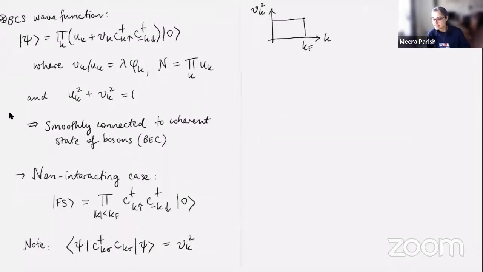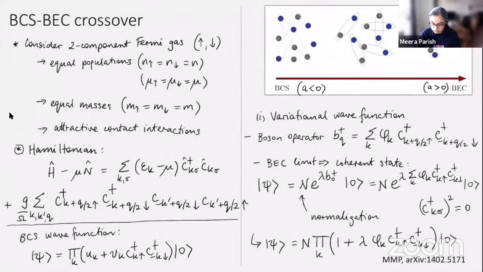Okay, so a Cooper pair is often conceived as a bound state of fermions, but here A less than 0 means no bound state. Yes, so that's a good question. What people often say is they talk about a bound state in momentum space or a many-body bound state.